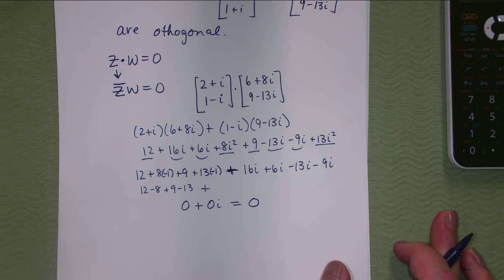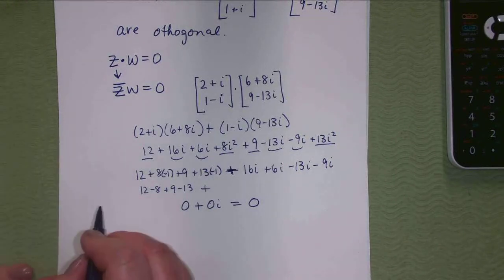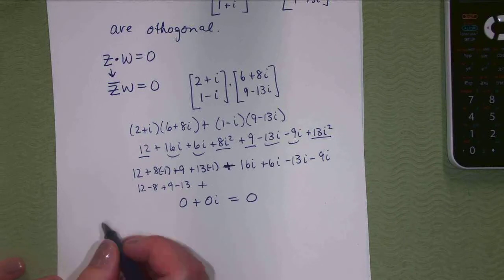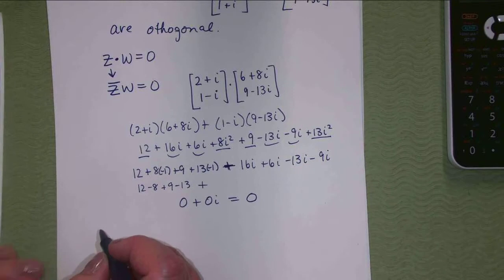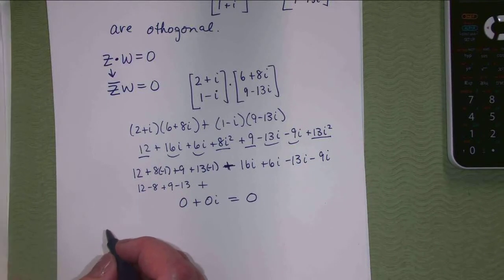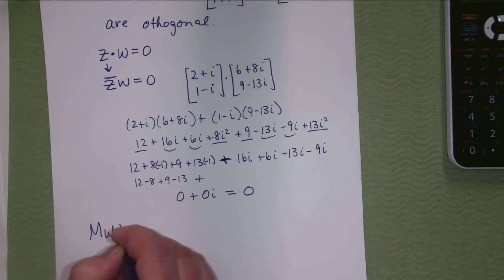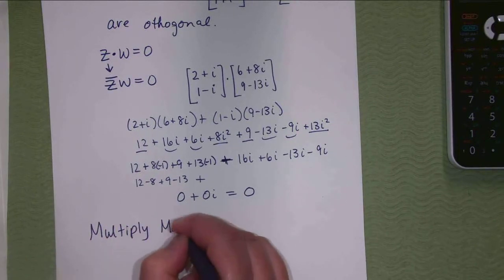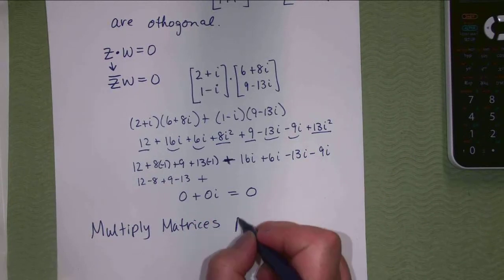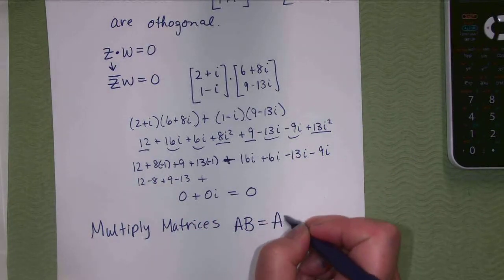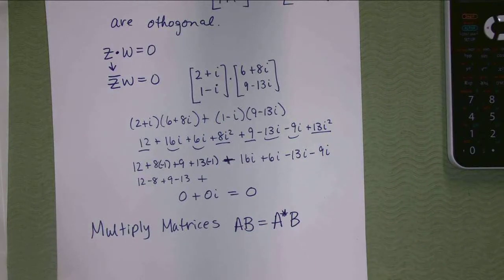Okay. So you have to remember to do that. So when this is like multiplying matrices, to multiply matrices, A times B, they would write this as A star B. I don't know why they put a star instead.